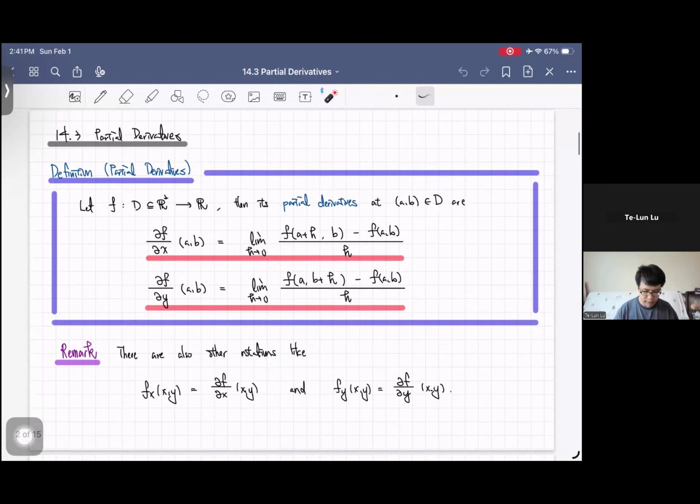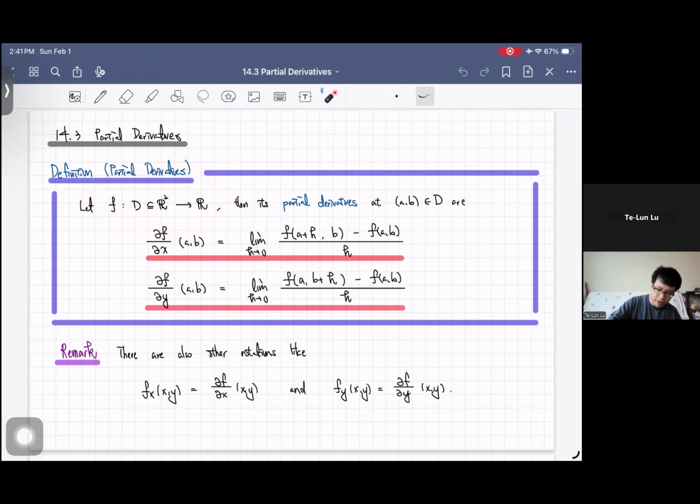Right. So first of all, let's introduce the definition of partial differentiation. After this definition, I will explain how this definition works. So again, let us assume that f is a two-dimensional function.